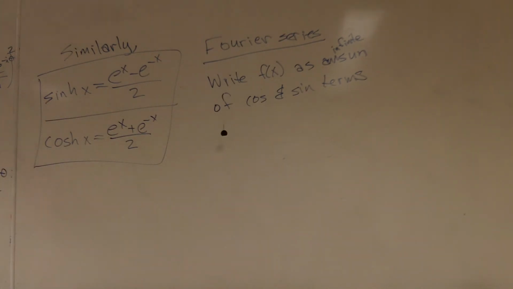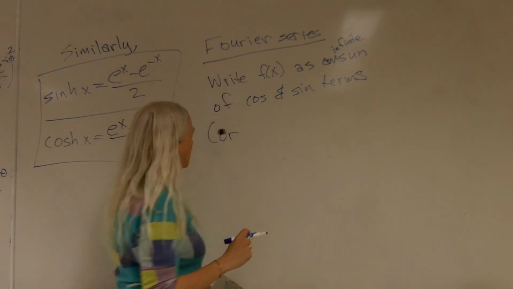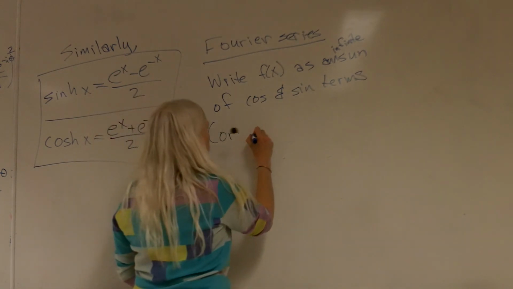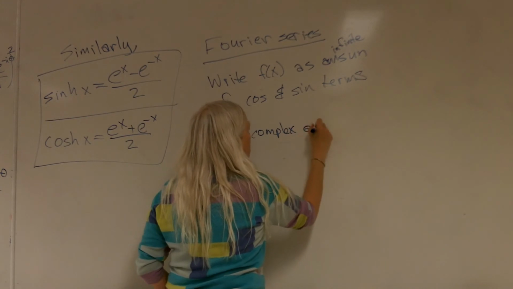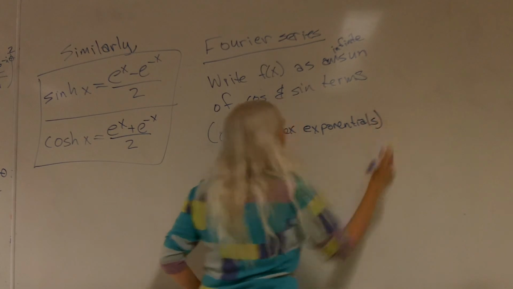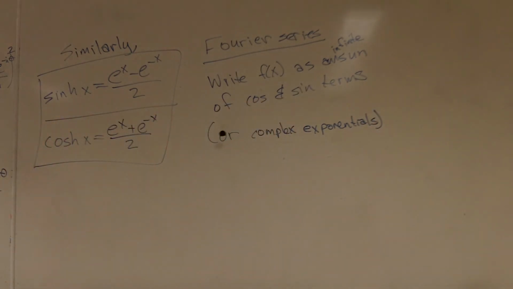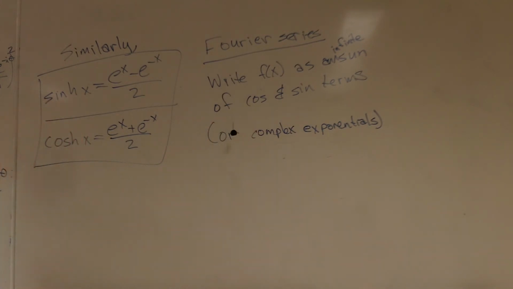Or equivalently, since we've just seen that cosine and sine theta can be written in terms of complex exponentials, we can also write our Fourier series in another form that will involve complex exponentials. So we can do it either way. We'll first talk about how to do it with the sine and cosine terms, but then later we'll come back to how we can rewrite that in terms of complex exponentials.